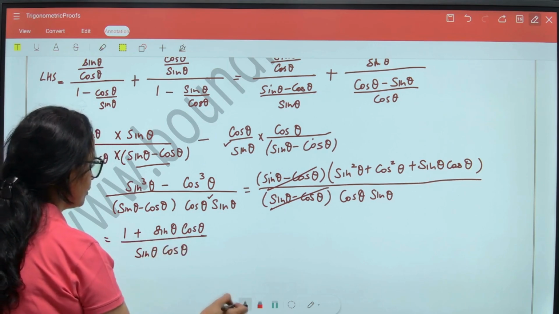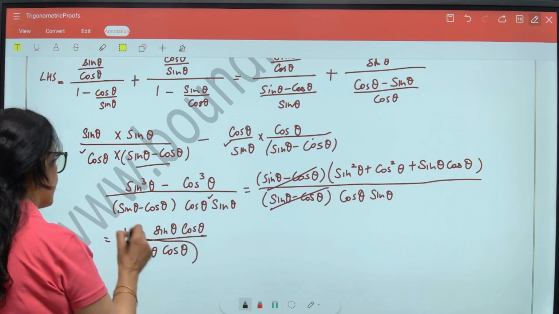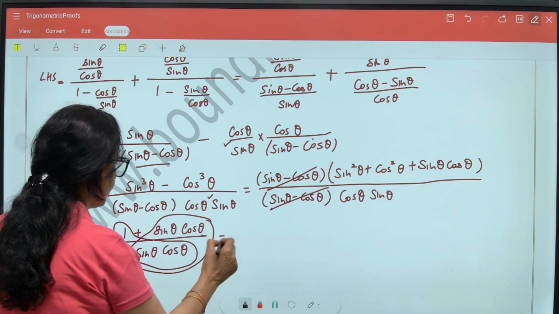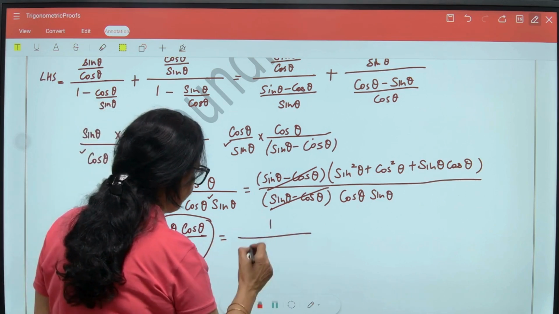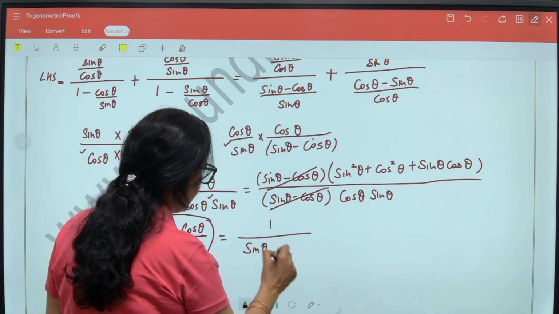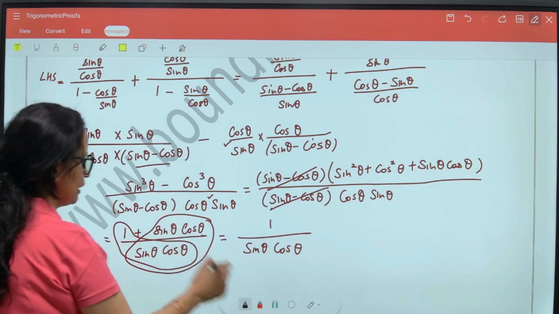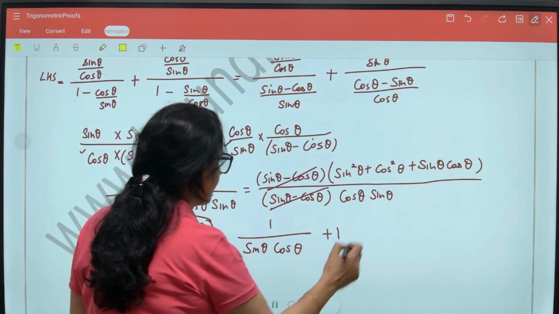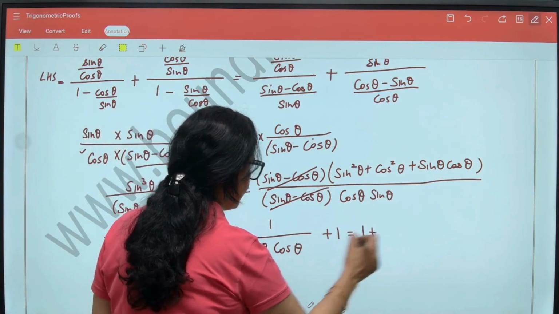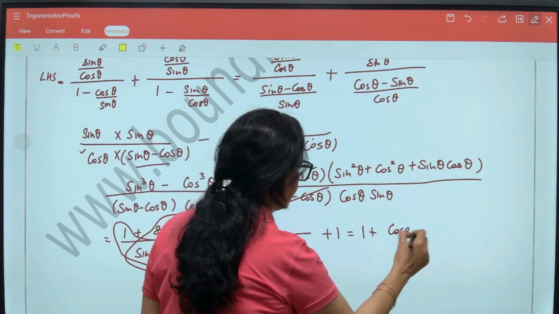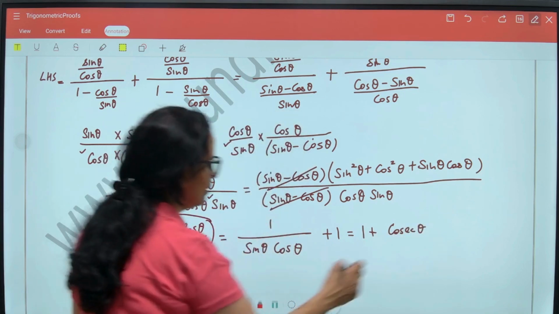Now, you just separate out both these expressions into two fractions. One will be this and the other will be this. So, what do we get? We get 1 upon sin theta cos theta, and the second one will become, everything will get cancelled, so it becomes 1. So, basically we have 1 plus 1 upon sin theta is cosec theta, and 1 upon cos theta is sec theta.